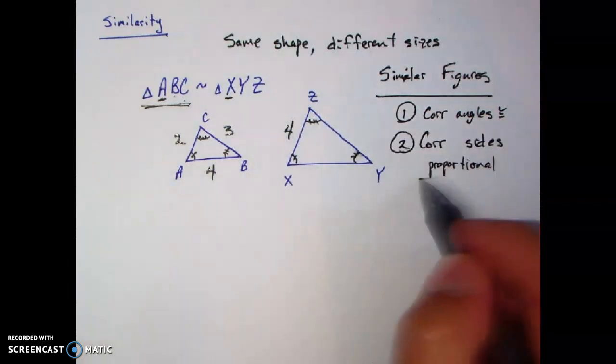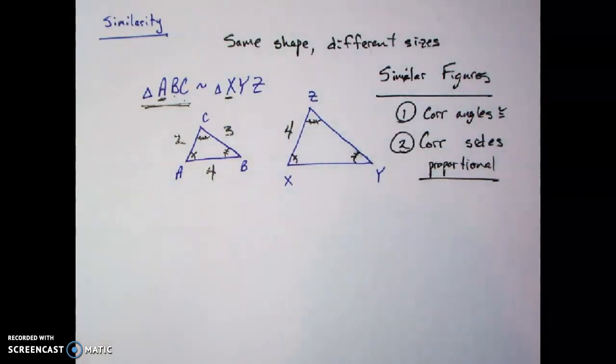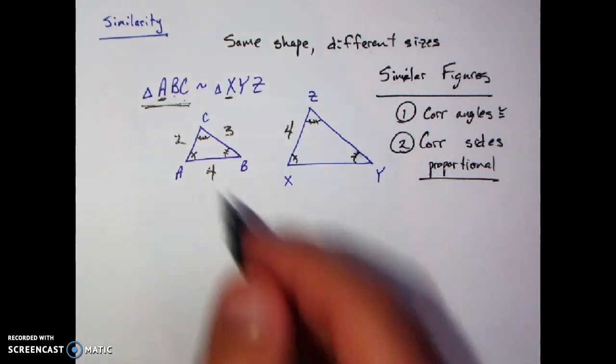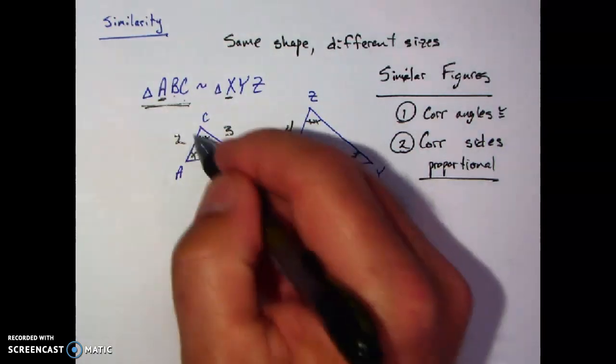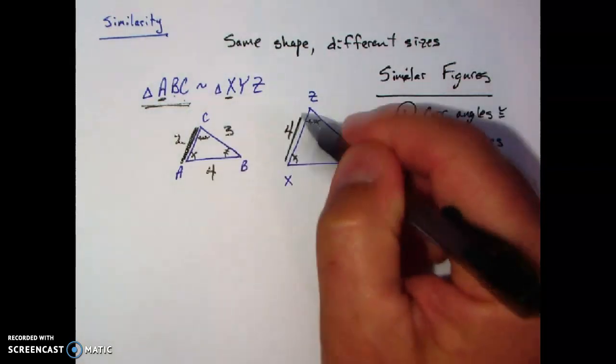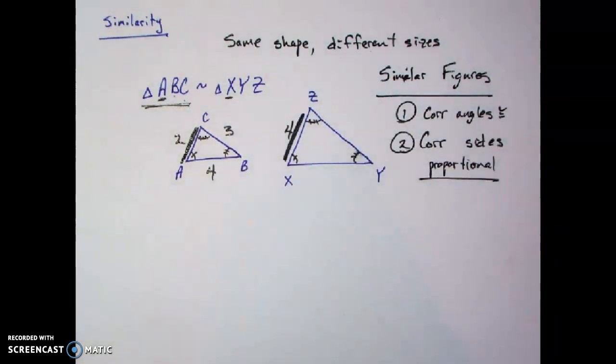What we can do when we're talking about things that are proportional is set up a proportion to solve these. We need to make sure that we're lining up these corresponding sides. These two sides we know are corresponding.